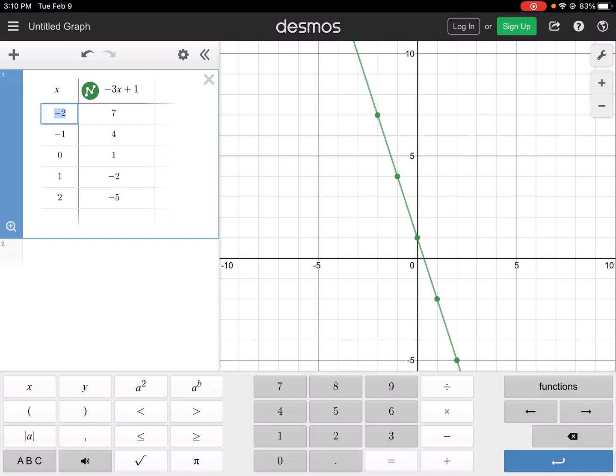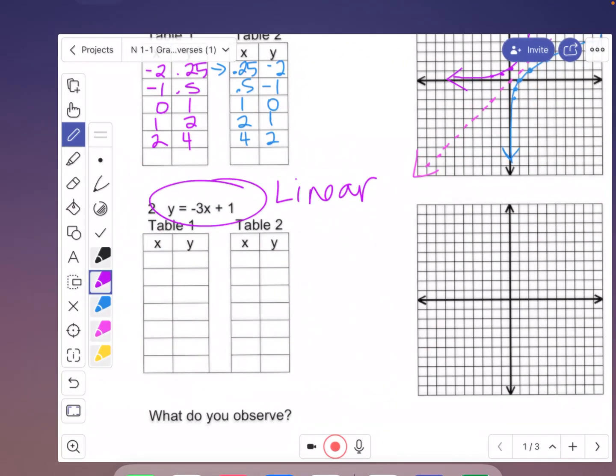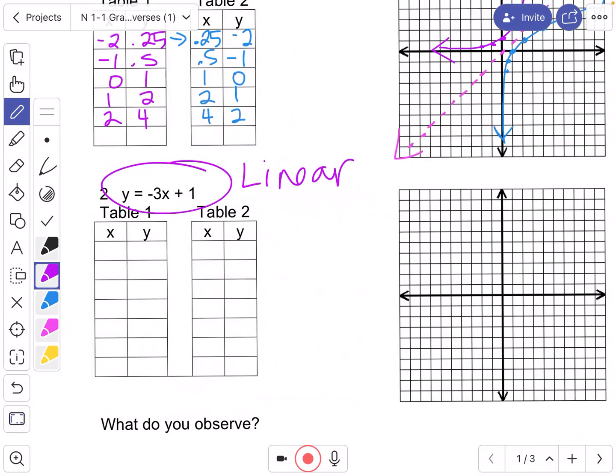We're going to copy that down in our notes. So our first one's -2, 7, -1, 4, 0, 1, 1, -2, and we'll stop there at 2, -5.